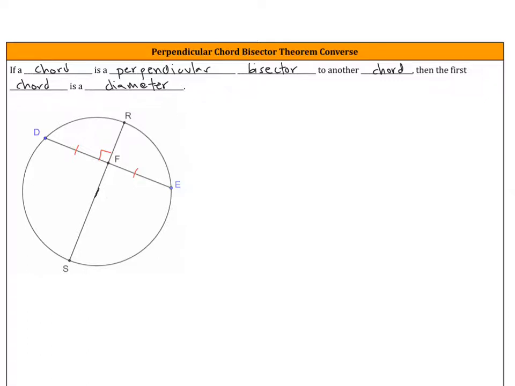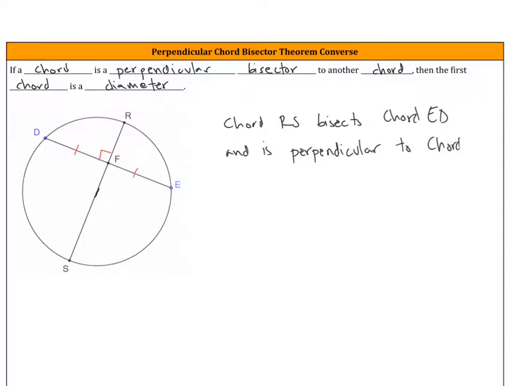So, two things need to happen. Chord RS must bisect chord ED. So that's condition number one. And then the other condition that needs to be satisfied is that it also needs to be perpendicular to the same chord it's bisecting.